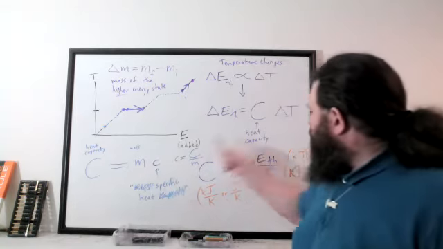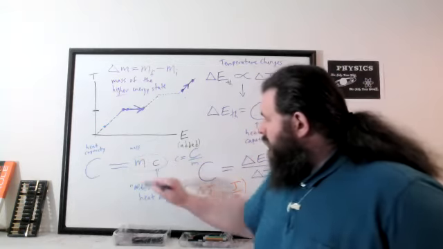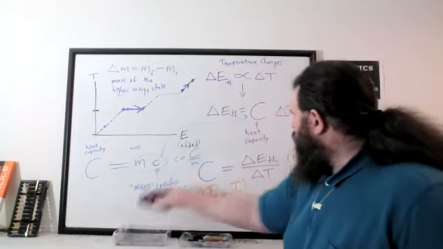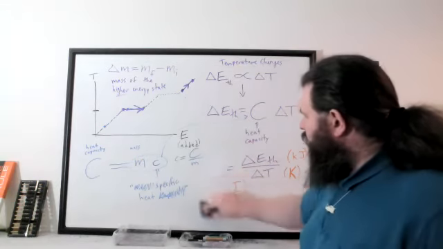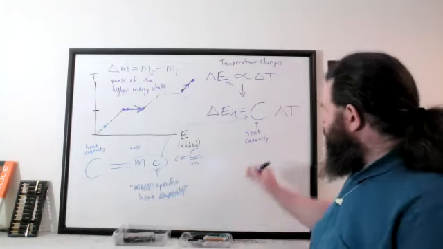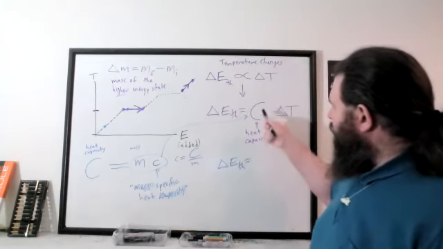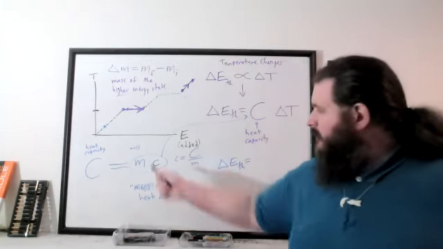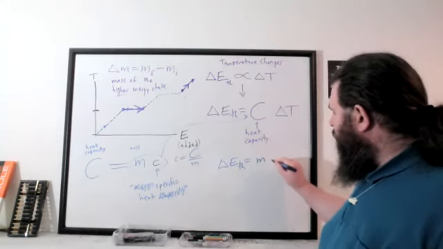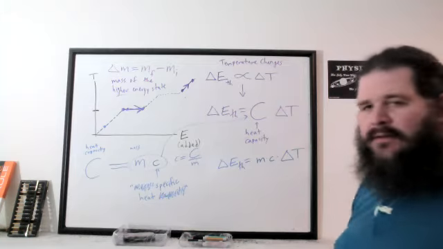And then if we combine these together, using this description of heat capacity, we can write out perhaps a more useful formula for delta E thermal. Replacing heat capacity, capital C, with mass times little c, specific heat, we get mass times specific heat of the material times change in temperature.